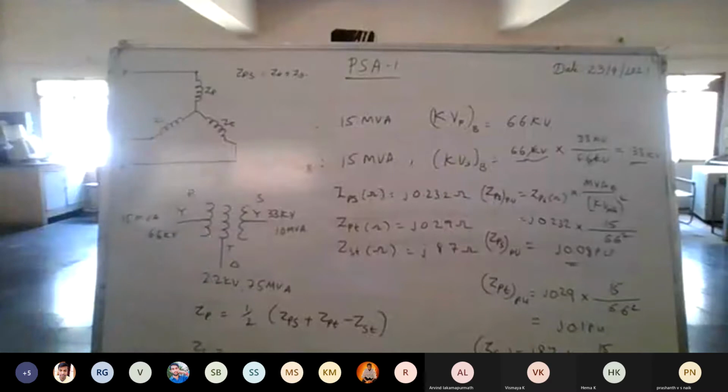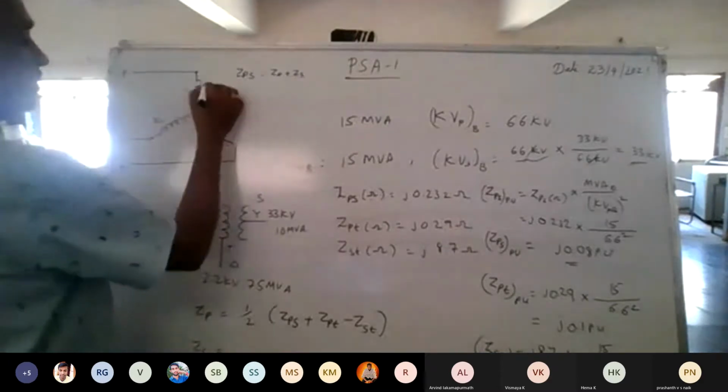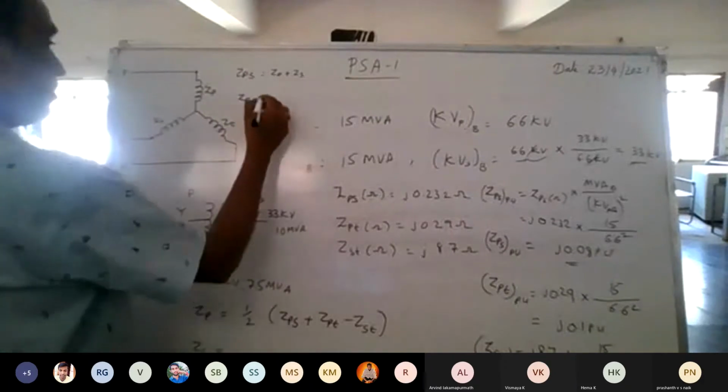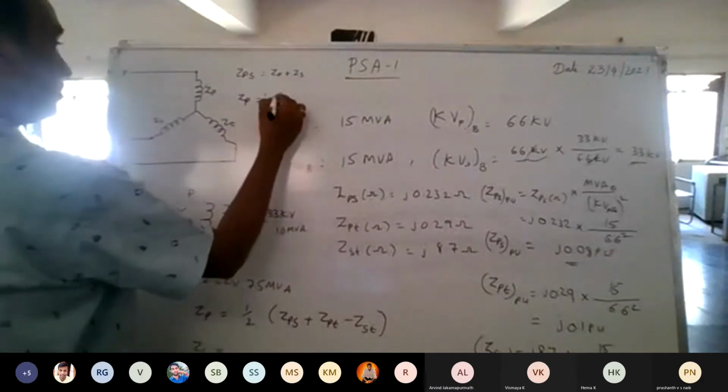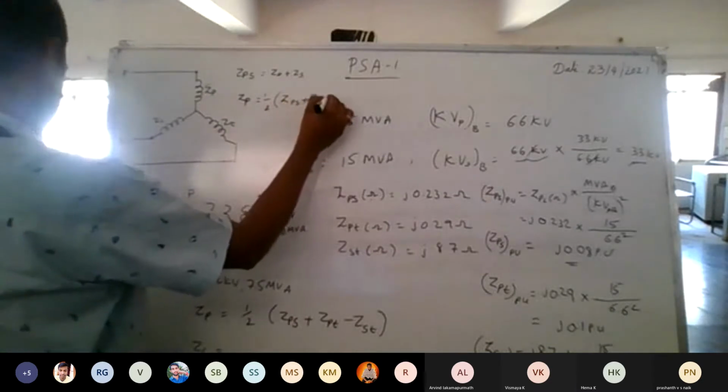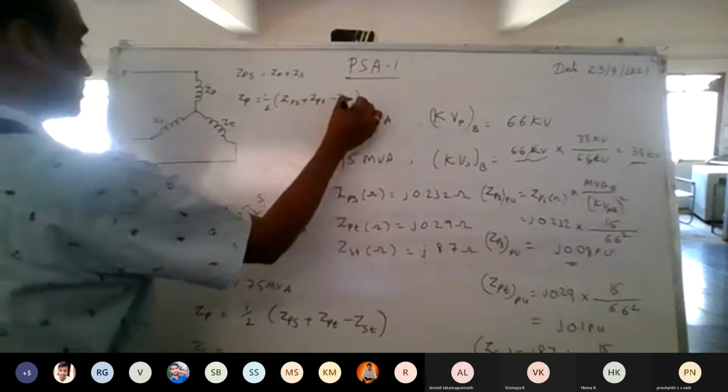But now we want to calculate the equivalent impedance. I want ZP now. ZP is equal to 1 over 2 into ZPS plus ZPT minus ZST.